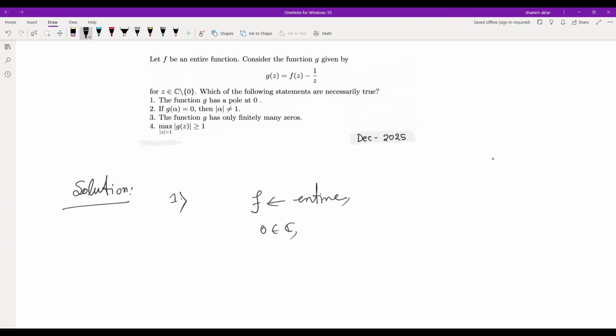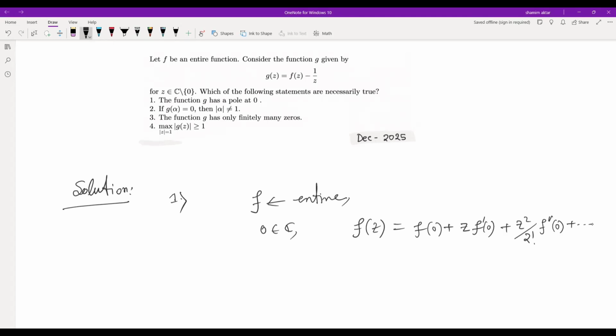So now f(z) can be written as f(0) plus z f'(0) plus z squared over 2 factorial f''(0) and so on.